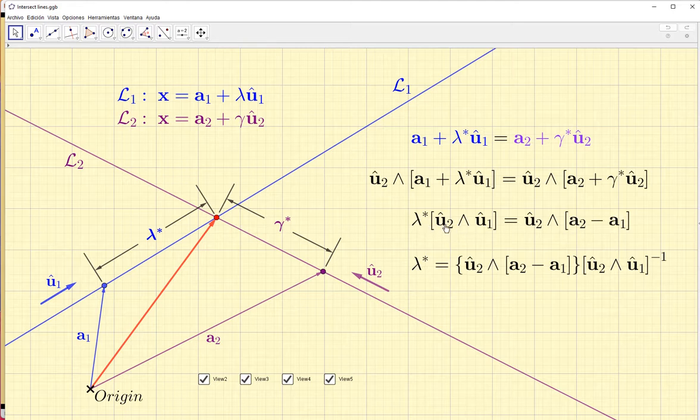And the way that we solve this then is by multiplying both sides by the inverse of u hat 2 wedge u hat 1, or I should say this bivector. I apologize for that. Multiplying by the inverse of this bivector undoes this multiplication, and we end up with just lambda star.